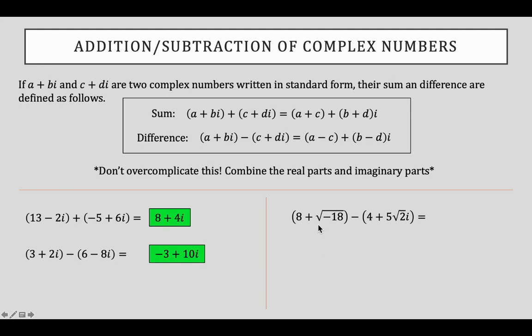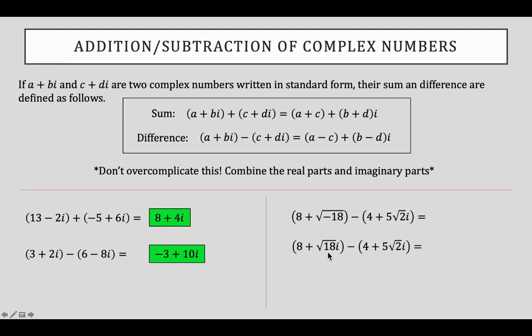8 plus the square root of negative 18 minus the quantity 4 plus 5 root 2 i. Well, the first step, again, whenever you see negatives inside of square roots, remember that you can get rid of that negative in the square root by replacing it with an i on the outside. That would leave me with 8 plus root 18 i.